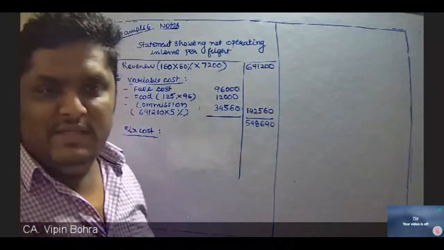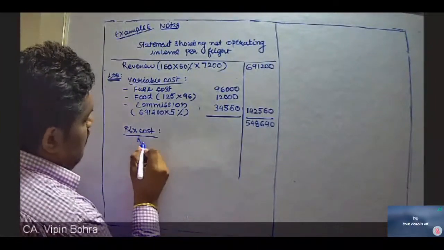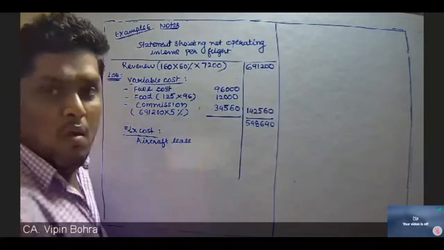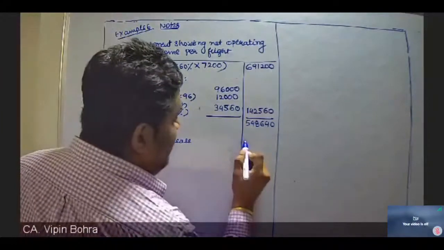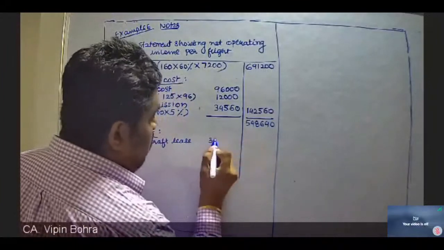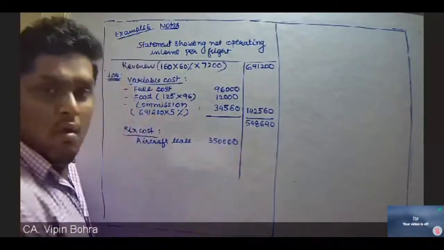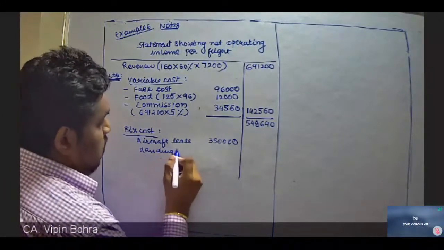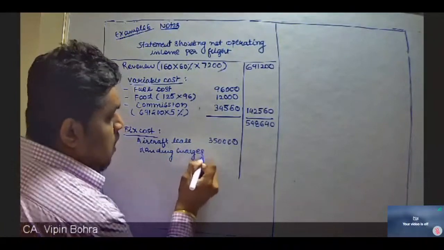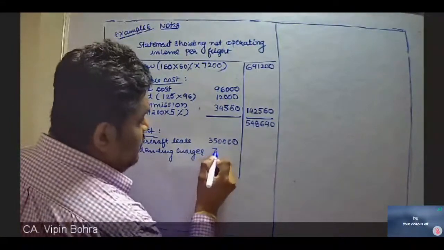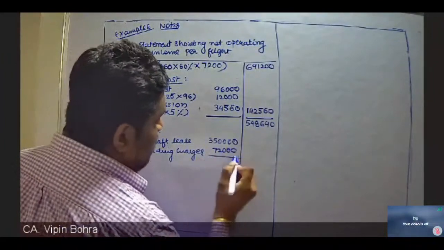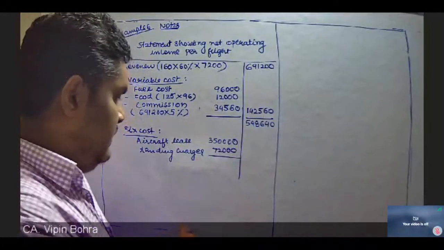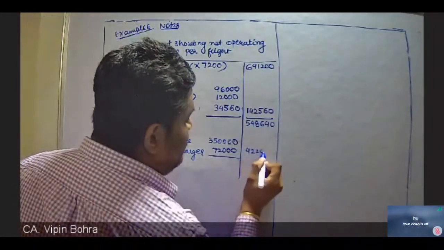Now fixed cost. How much is my fixed cost? Aircraft lease, 3,50,000 per flight. Landing charges, 72,000 per flight. 3,50,000 plus 72,000, total 4,22,000.